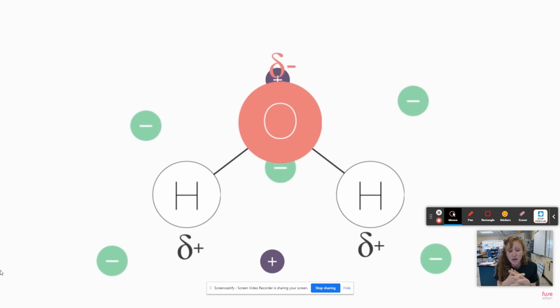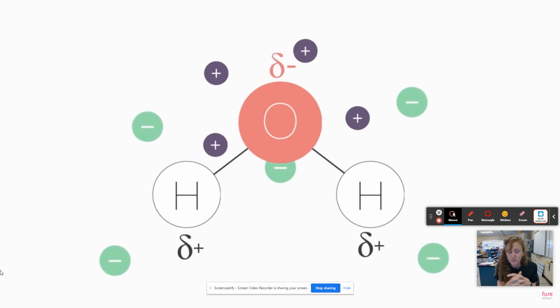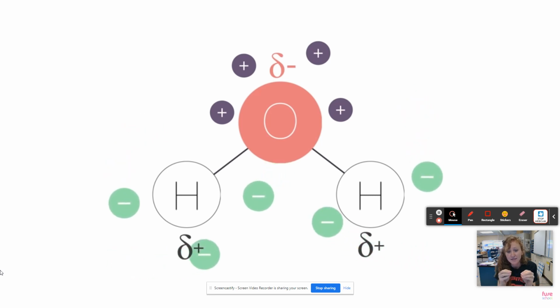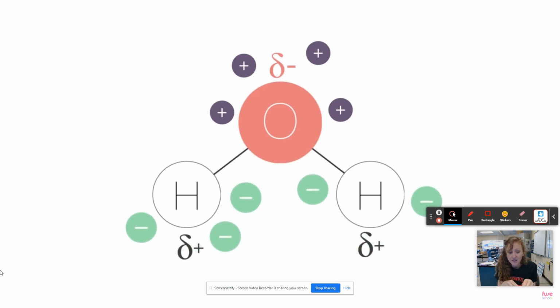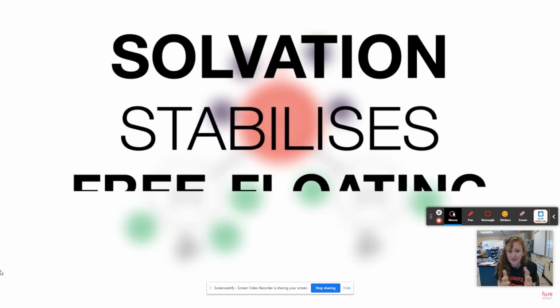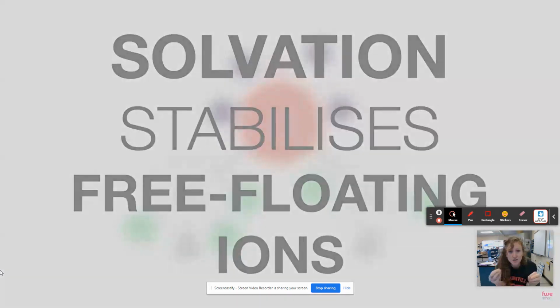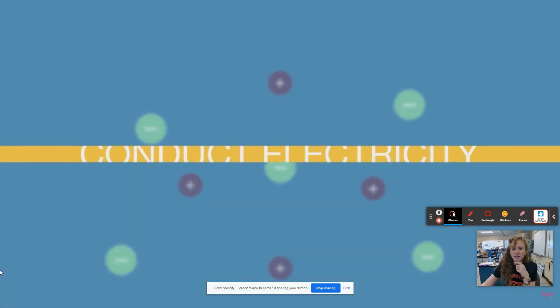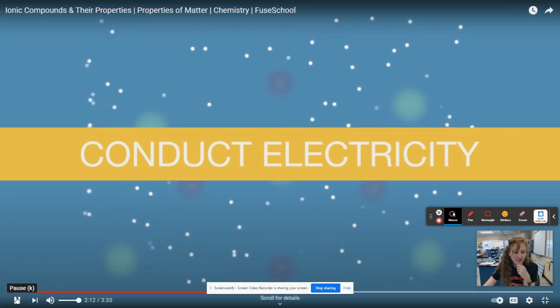Now, this happens because water is polar. Remember, we talked about how oxygen has this partially negative side. Well, it actually stabilizes the positive ions, and the partially positive hydrogens stabilize the chloride ions. Solvation, or dissolving things, stabilizes these ions. So it'll mix in water here.